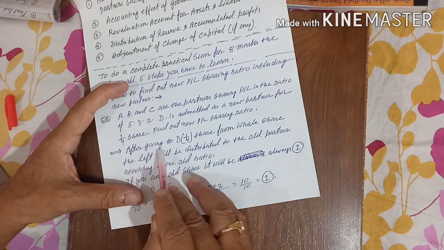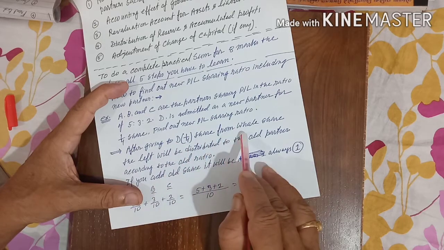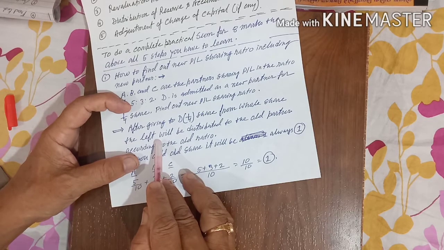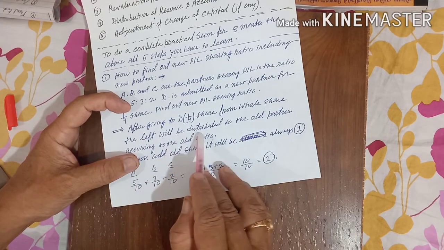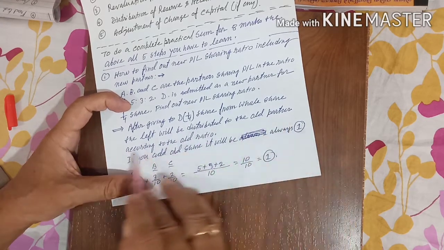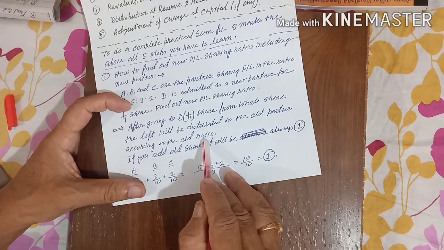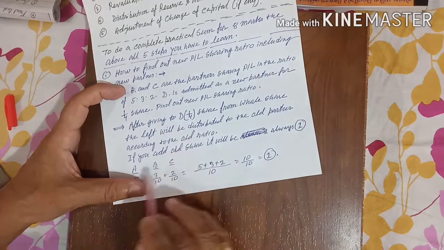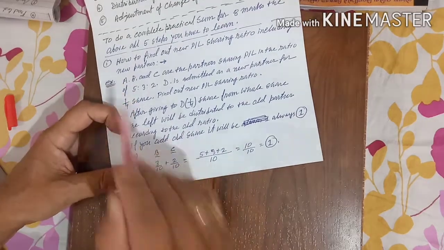After giving D the 1/4 share from the whole, whatever is left will be distributed to the old partners according to the old ratio, as nothing else is given in this question. So first, you have to know what I was just telling.